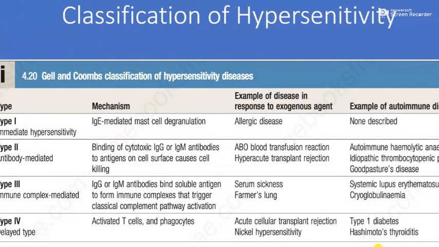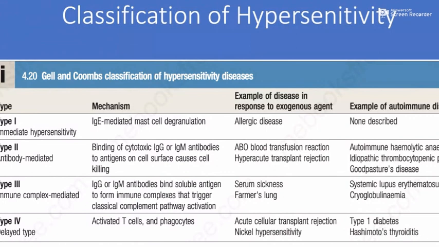examples of autoimmune diseases. Type 4, which is the delayed type, results from activated T cells and phagocytes. Examples include acute cellular transplant rejection and nickel hypersensitivity.